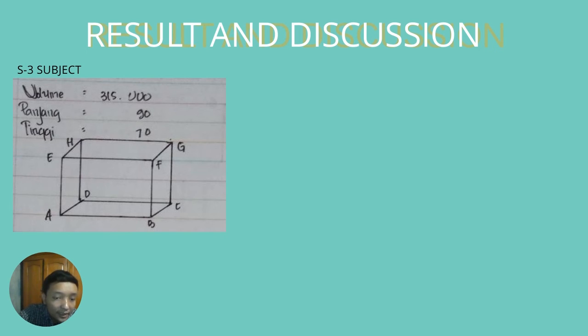The discussion: the given indicators have classified certain properties of the problem-solving capabilities of subjects S1, S2, and S3. The similarity between each level of the subjects is that they all meet each stage of the research.